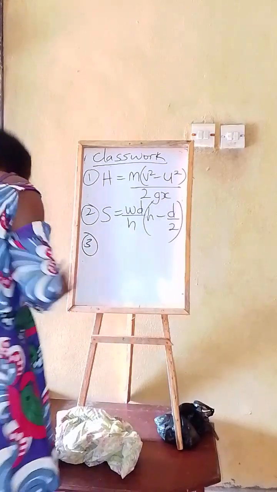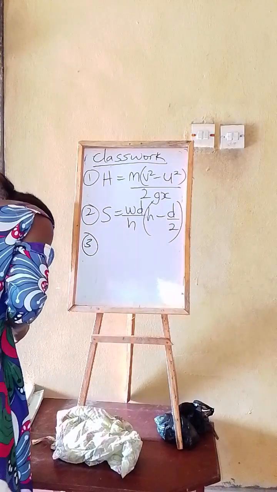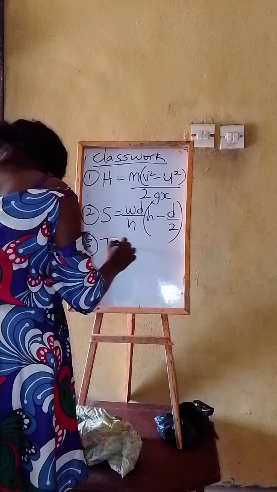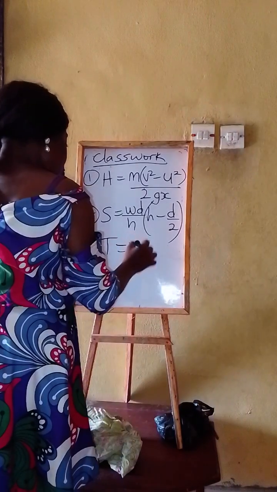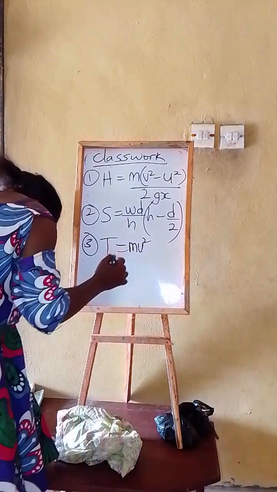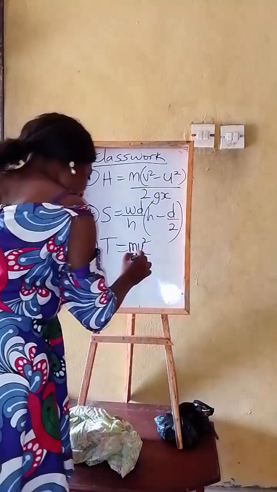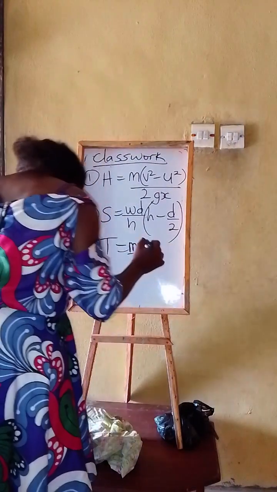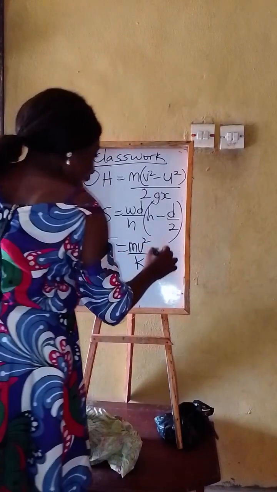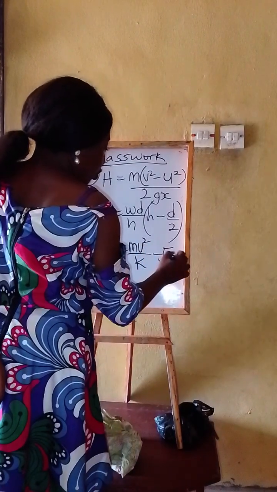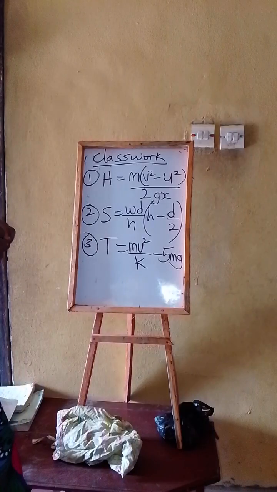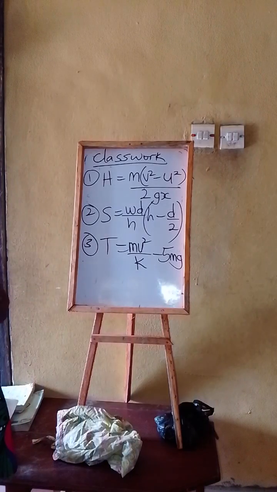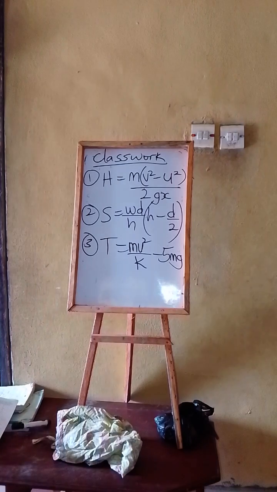Then number 3, we have t equals mu squared over k minus 5mg. So you can try this. Thank you.